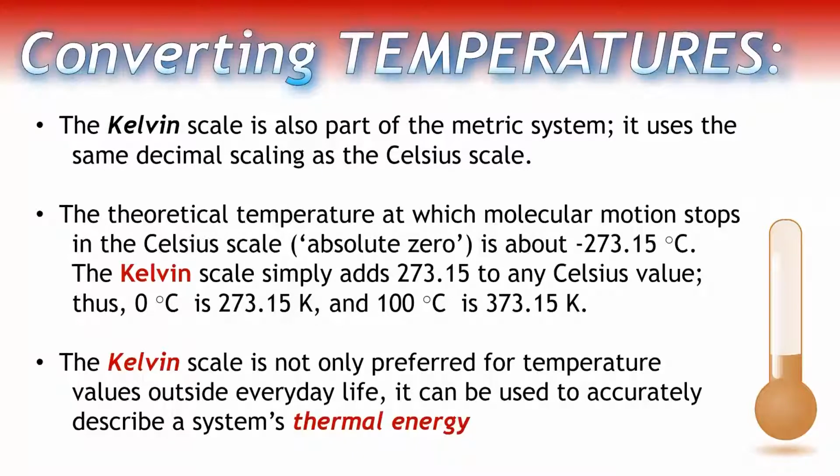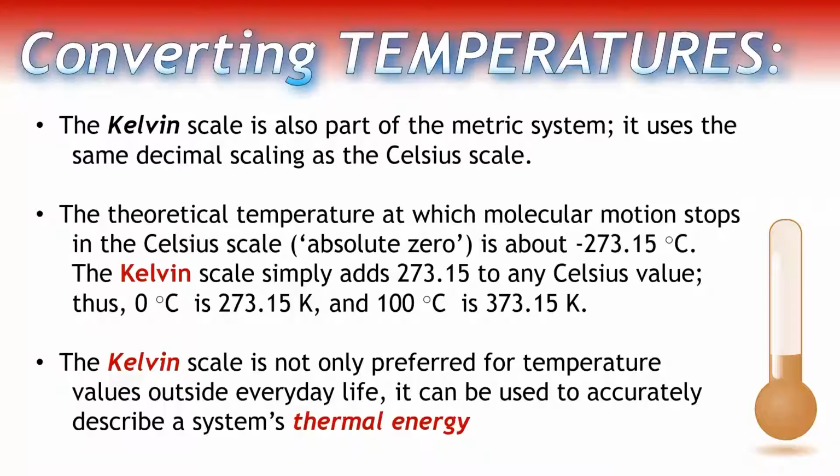Well, it has to do with conditions outside everyday life, where we really want to accurately describe a system's thermal energy. One particular question of interest is the theoretical temperature at which molecular motion stops, which is sometimes called absolute zero. Again, on the Celsius scale, that's about negative 273.15 degrees Celsius.